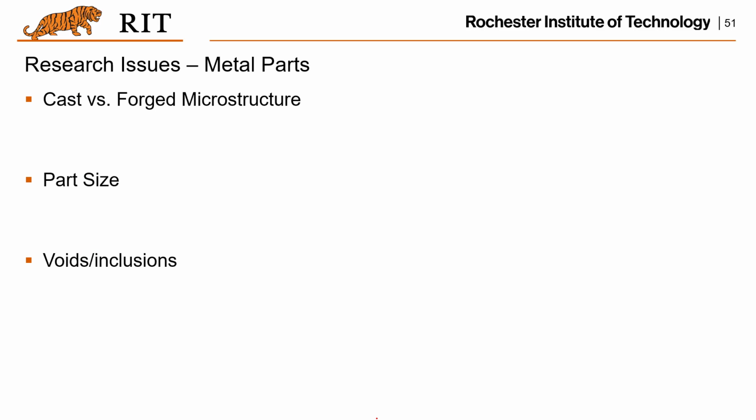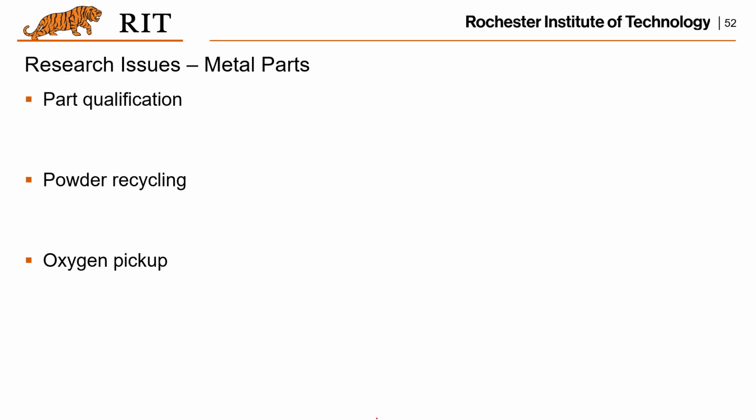Some of the research issues, for example, how you make sure the part quality produced using powder bed fusion will be the same as the one produced using other processes, how to enlarge the building size of the part, and how to avoid the voids and the inclusions during the printing process.